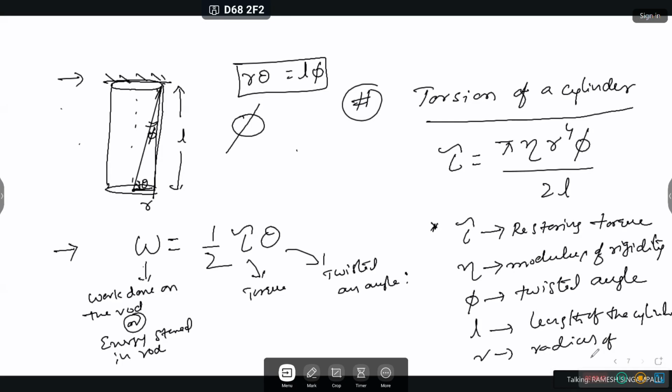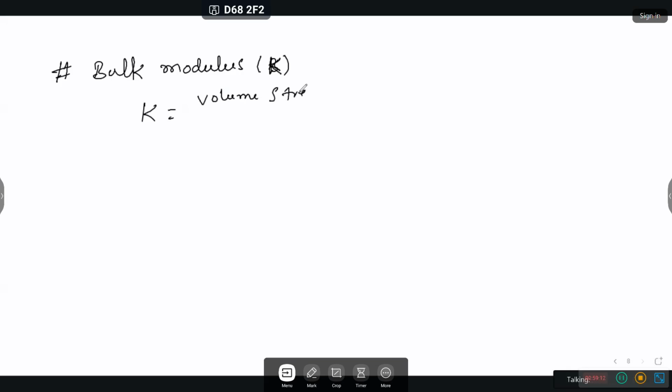Bulk modulus K is equal to volume stress by volume strain.